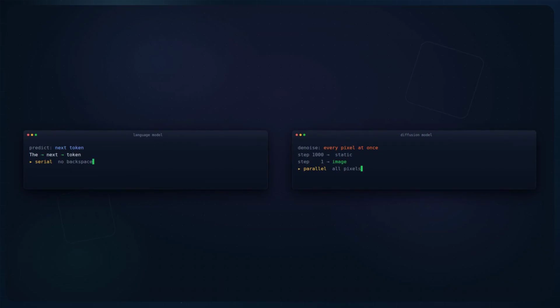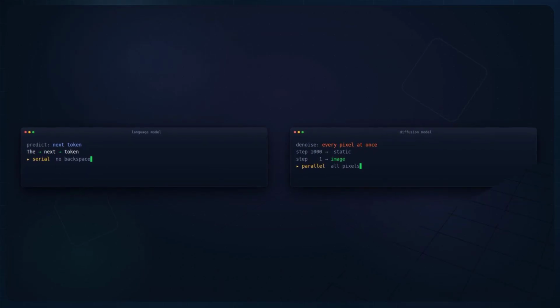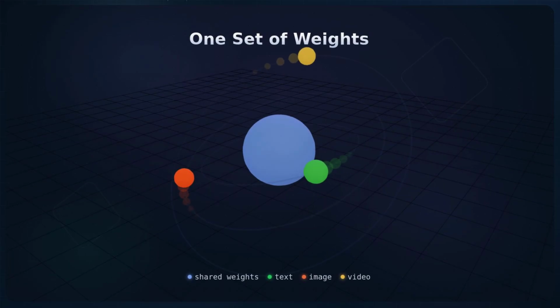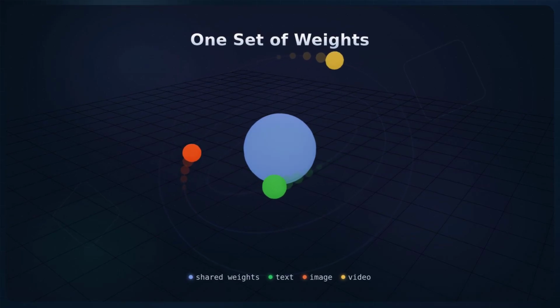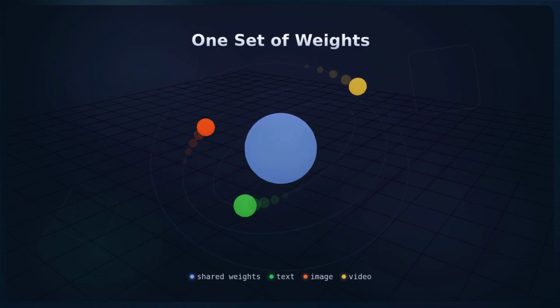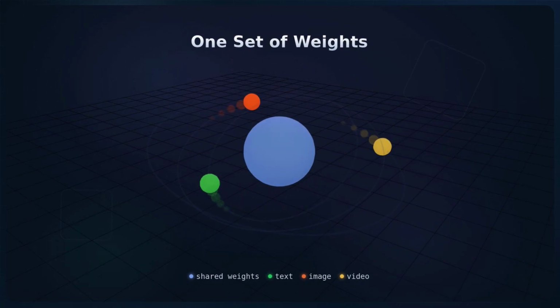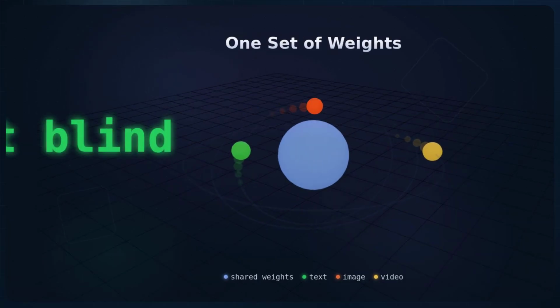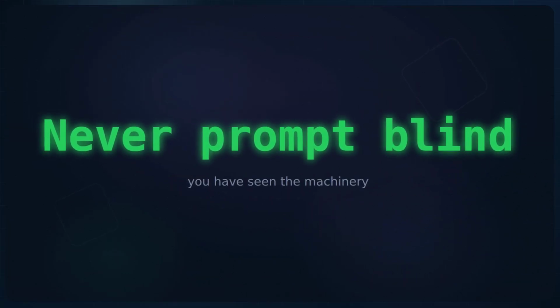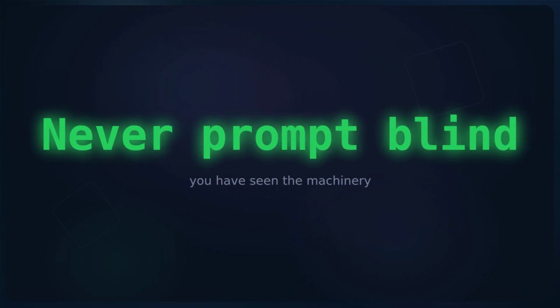Diffusion is coming for text, promising parallel drafts and real revision. The endpoint is a single model that reads, writes, sees, and draws with one set of weights. Until then, every great result comes from respecting what each machine actually is. Talk to the director. Caption for the painter. Now that you have seen the machinery, you will never prompt blind again.